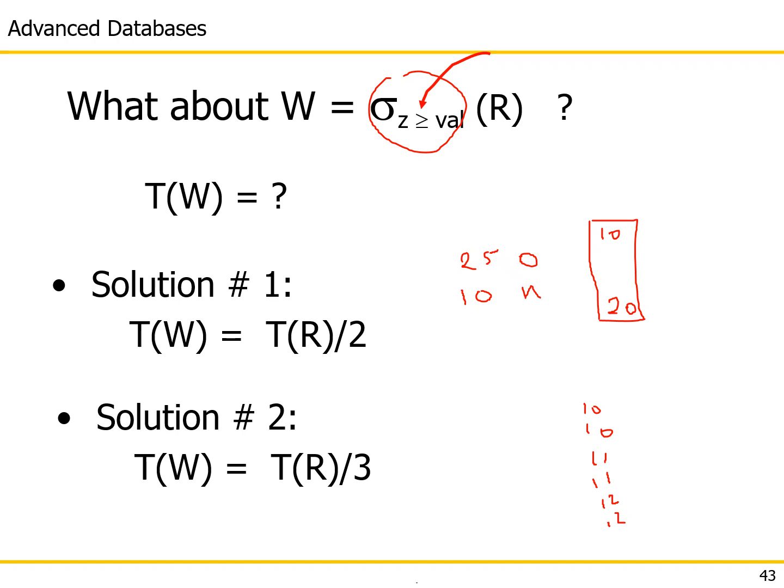Okay? Now, if you have duplicates, 1/3 is actually the more accurate estimate, because if you have lots of duplicates for all the values that exist, for example 10, and then 10, and then 11, and then 11, and then 12, and then 12, and so on, the size of the result set, on average, is going to be 1/3 the size of the table.